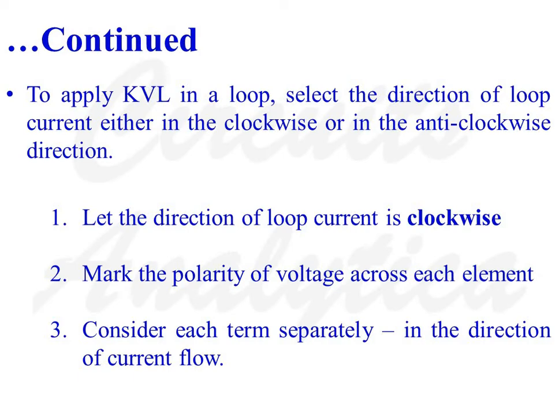To apply KVL in a loop, select the direction of loop current either in the clockwise or in the anti-clockwise direction. Let the direction of loop current be clockwise. Mark the polarity of voltages across each element.